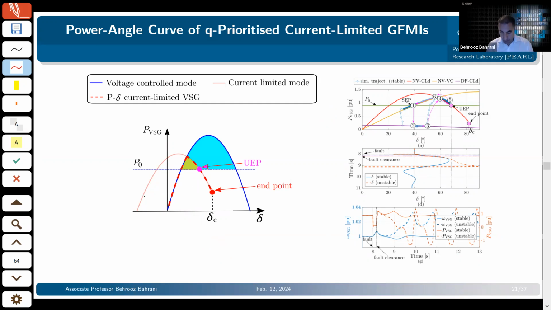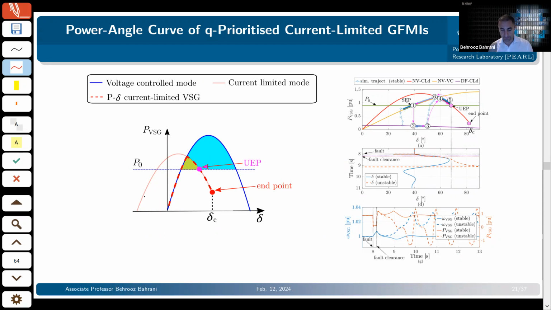And that's probably a normal and obvious conclusion, because now we know that this particular grid forming inverter is entering that negative feedback region. But there's another interesting phenomenon happening here, and we call it the end point of this P delta curve. That end point actually has nothing to do with the P delta curve.